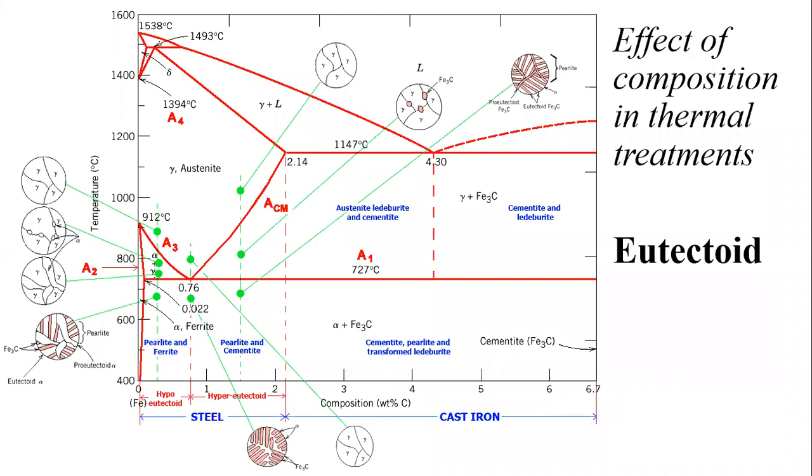Now, the effect of decomposition in thermal treatments. This is a diagram that I recalled because some of you, I think it was Isaias, was asking me one day, teacher, are we going to see the diagram of the iron with the temperature against the content of carbon in the steel?